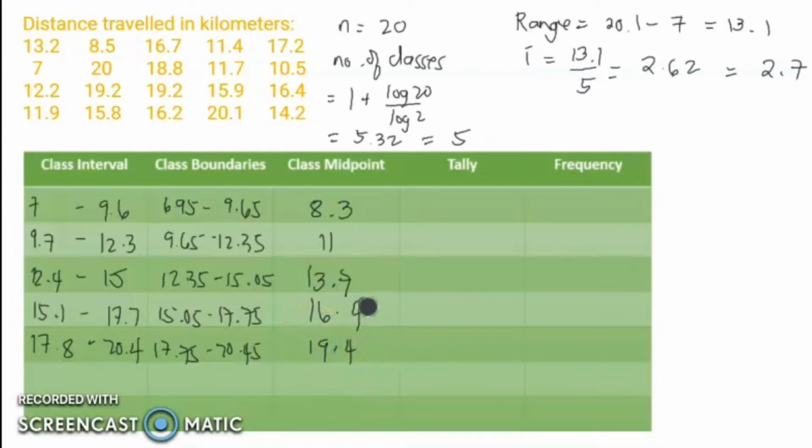So let's start with our tally. Look for the numbers that are within 7 to 9.6. So this is 1, 2. The frequency is 2. So 9.7 to 12.3. 1, 2, 3. 12.4 to 15.